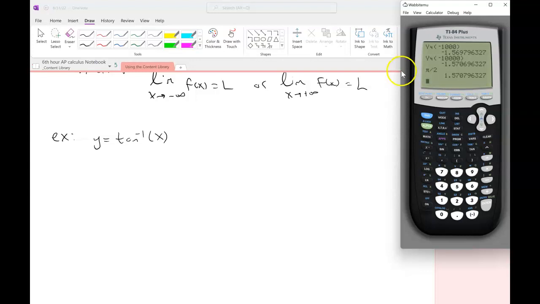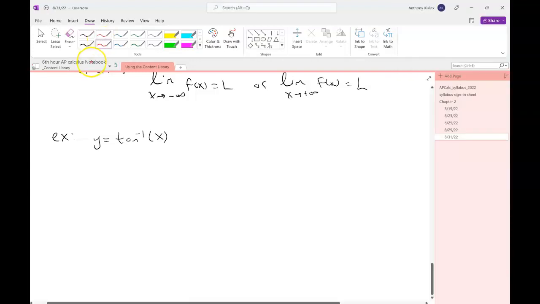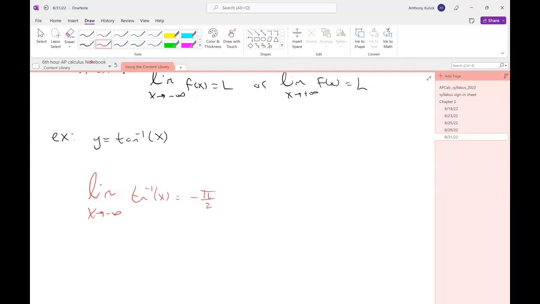If I check the other end as x approaches positive infinity, I'm not going to do all the inputs. I'm just going to do the last big one that we did. I feel pretty good here, right? So I would say the limit as x approaches negative infinity of tan inverse of x is equal to negative pi over 2.